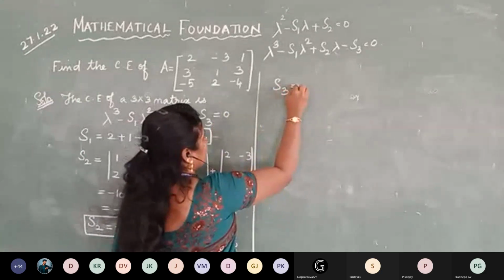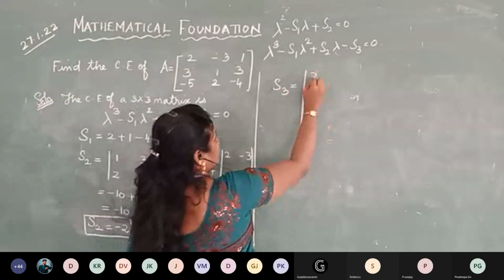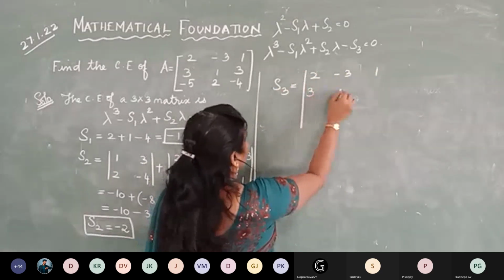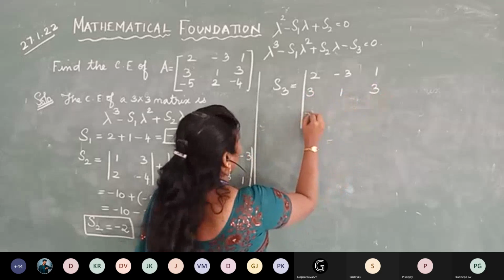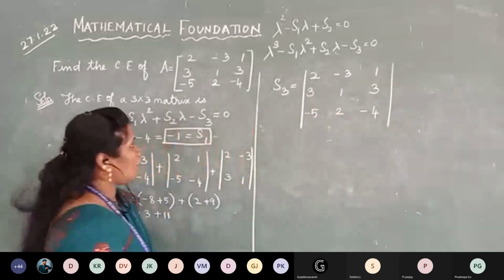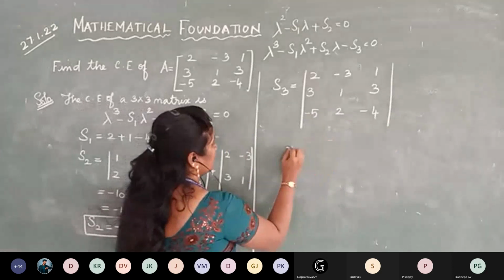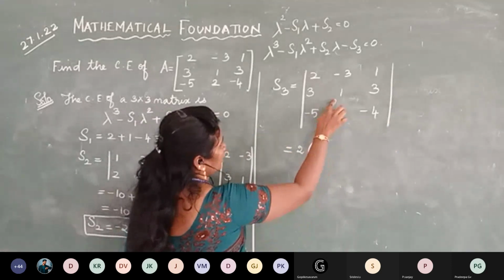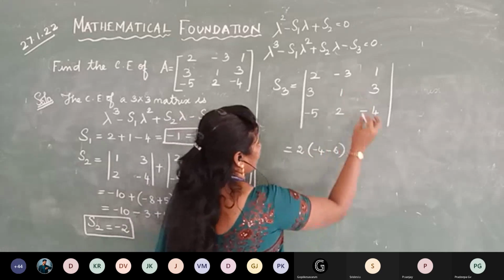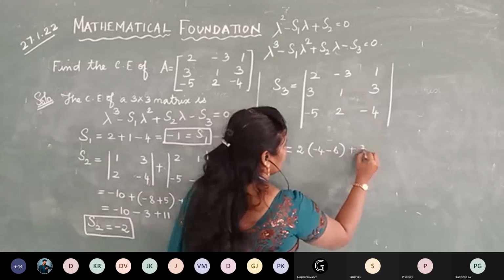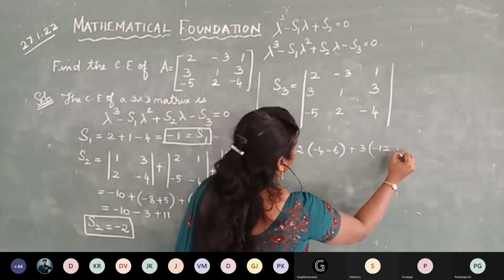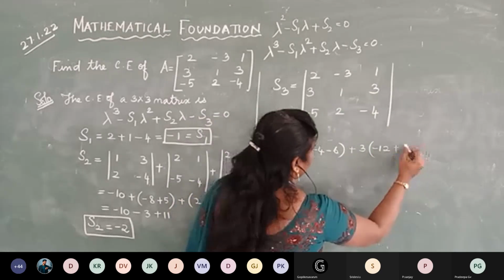So your S3 will be determinant of 2, minus 3, 1, 3, 1, 3, minus 5, 2, minus 4. You know how to find out your determinant. So we will start with 2. 2 into minus 4, minus 6. Then minus into minus plus 3 into minus 12, minus into minus plus 15.